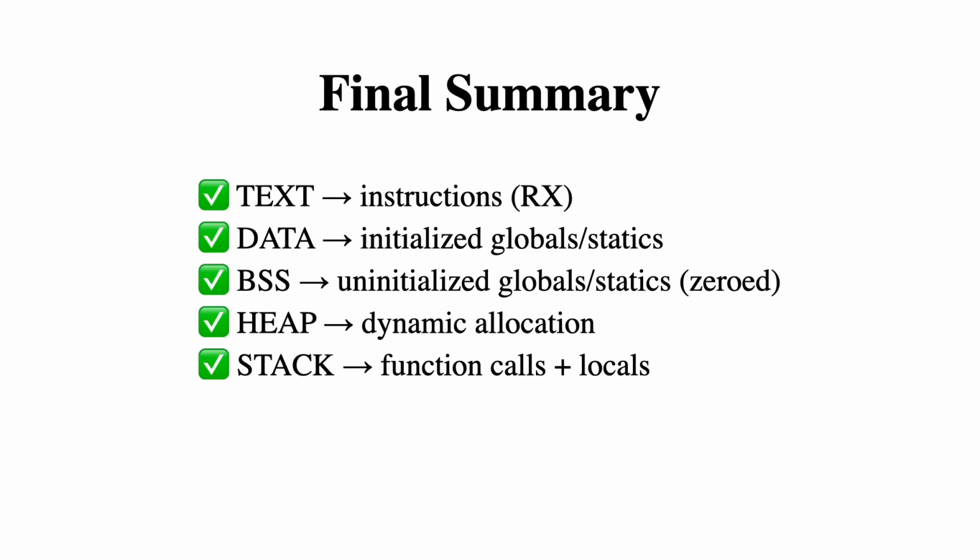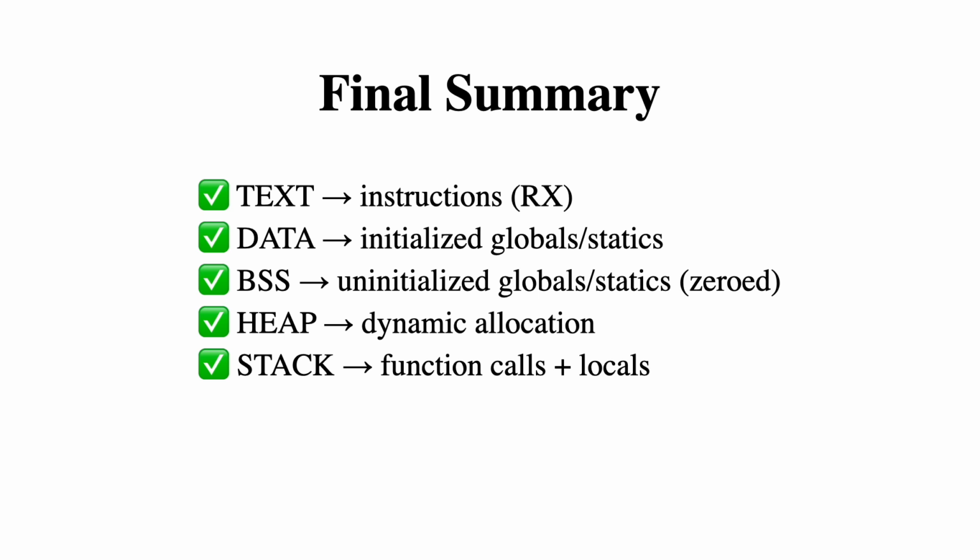Let's have a look at the final summary. First is text, which contains instructions, with read and execute permission. You cannot write to it, and it also contains the constants. Next is data, which contains the initialized globals or static variables. Next is the BSS segment, which contains uninitialized globals and static variables, and it will be zeroed.